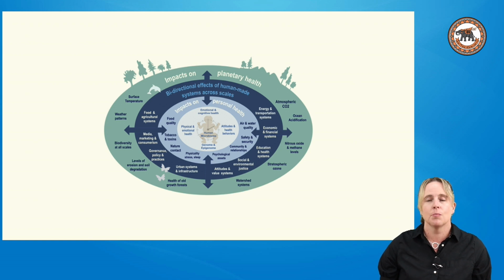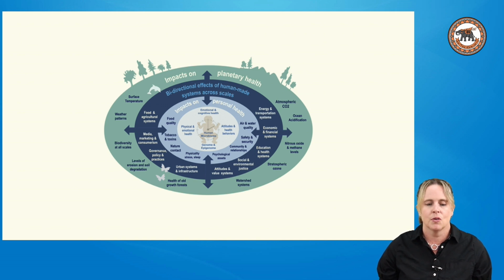So when you look at the picture, that's why you see the arrows going back and forth. So the dark blue area are the different things that humans do that are causing some of the problems listed in the green area.